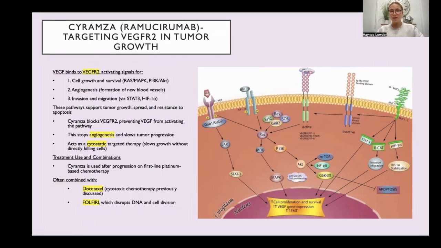This cytostatic effect slows cancer progression rather than killing the tumor cells directly. For greater impact, it's often combined with docetaxel or FOLFIRI, which disrupts DNA and cell division. And you can see all these different pathways here.